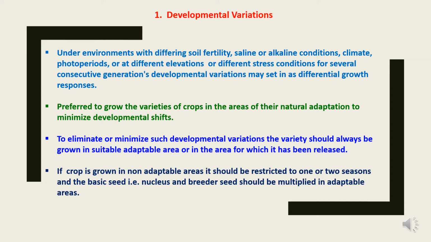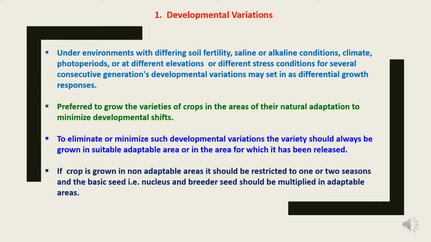It is therefore preferred to grow the varieties of crops in the areas of their natural adaptation to minimize developmental shifts. To eliminate or minimize such developmental variations, the variety should always be grown in a suitable adaptable area or in the area for which it has been released.